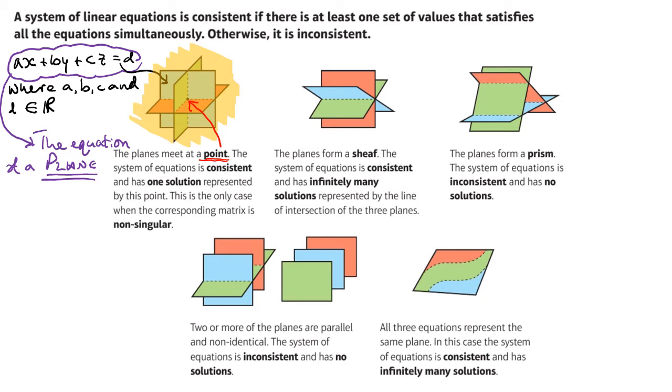The last two equations that we did had one set of solutions. x was equal to something, y was equal to something, z was equal to something. So if we were to draw out the planes represented by the equations in the last two examples, they would all cross and meet at one point. They may not all be perpendicular like they are in this diagram, but they would all cross at one point.